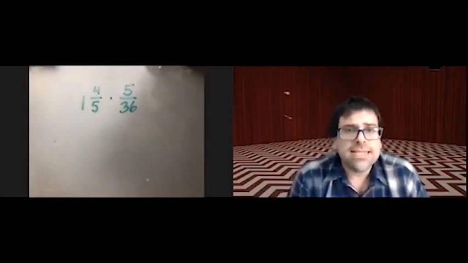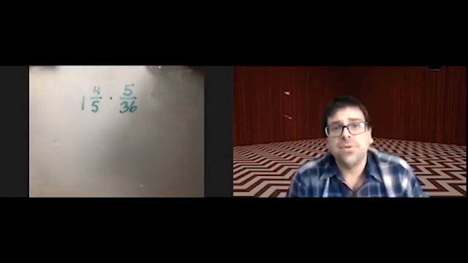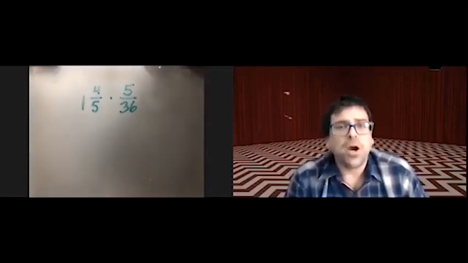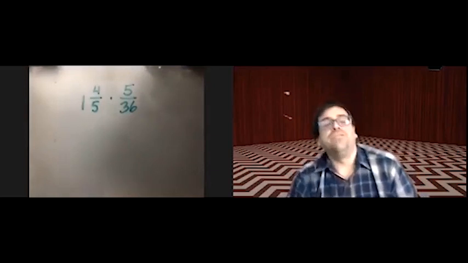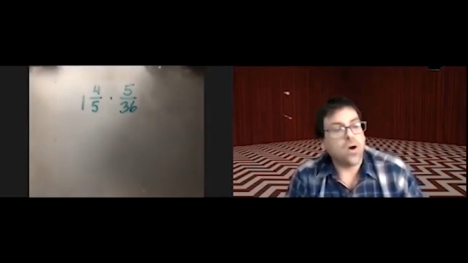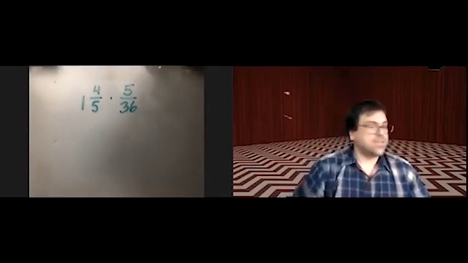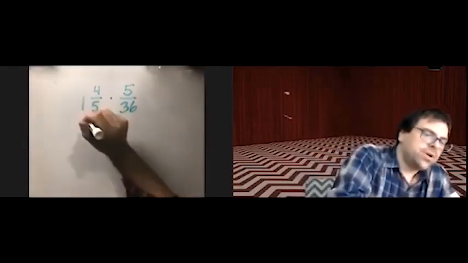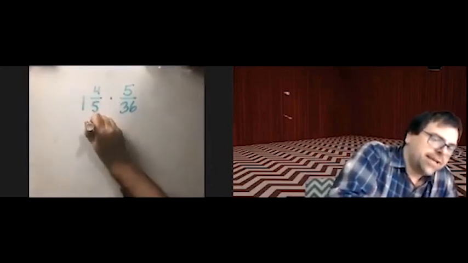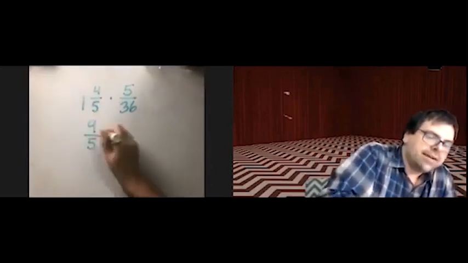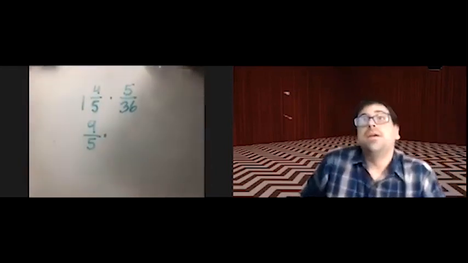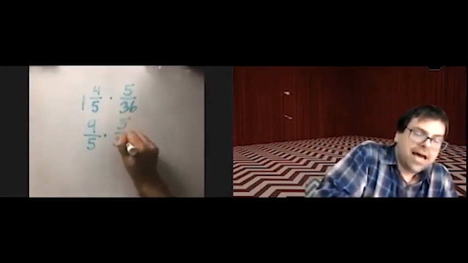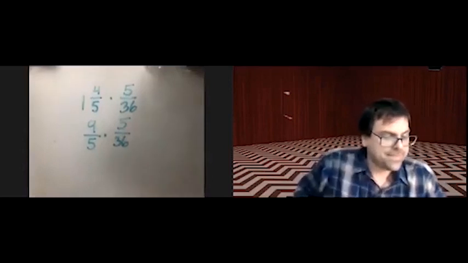When we're multiplying and dividing and we have mixed numbers, we must change the mixed numbers into improper fractions before we do our work. It's the only way we're going to get the correct answer. 5 times 1 is 5 plus 4 makes this 9/5. So the problem is 9/5 times 5/36.